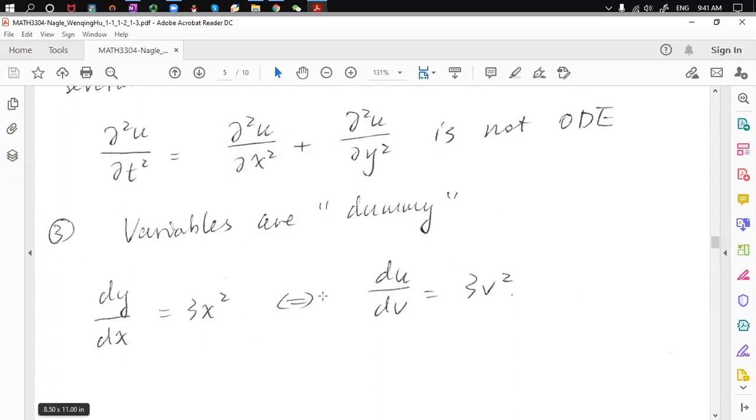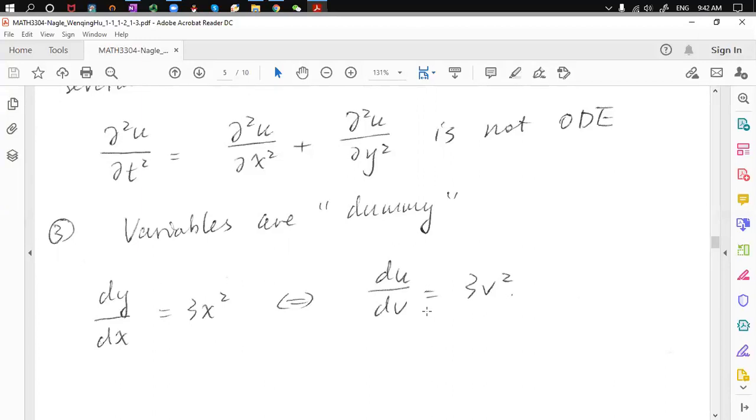For example, I can say the same equation is du over dv equals 3v squared. So u is a function of v, right? It doesn't matter what you call those variables, x, y, or u, v. The only important thing is what their relation is. So these are essentially the same differential equation. That means the variables are dummy, and this is sometimes very important, especially on the exams. Please do not think so naively.